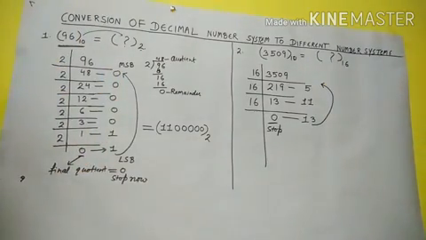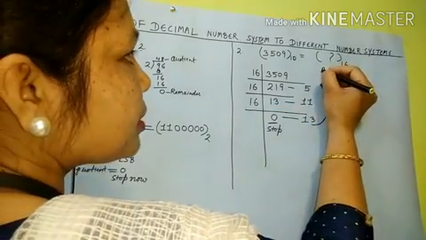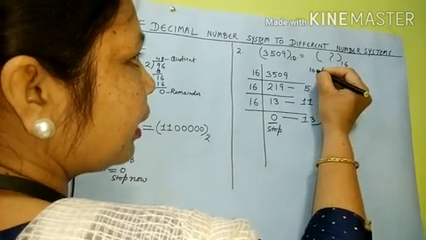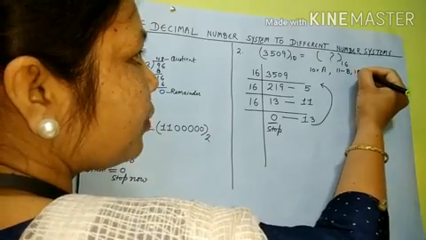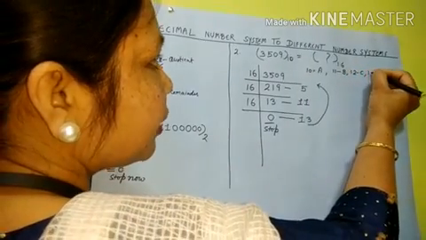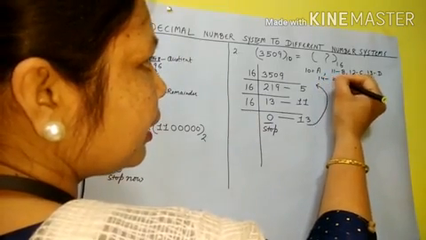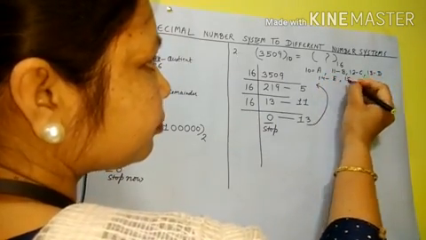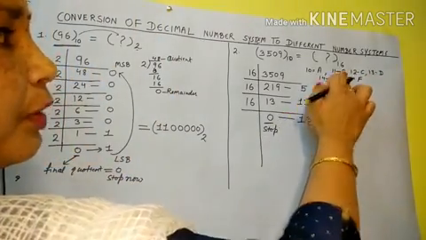But in the hexadecimal number system, I've already told that for 10 we are using A, for 11 we are using B, for 12 we are using C, for 13 D, for 14 E, for 15 F. So this number is equivalent to which one?